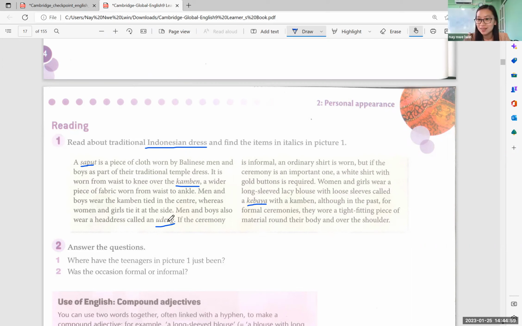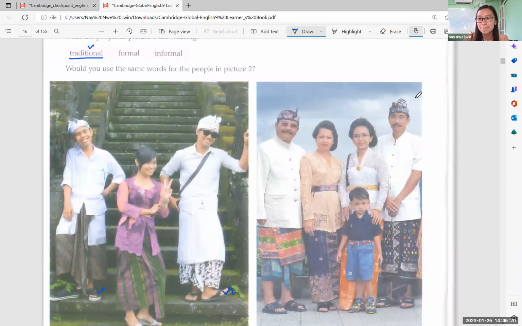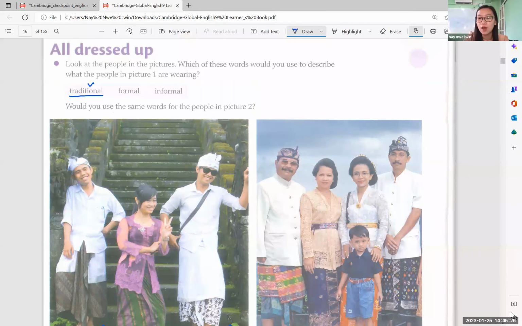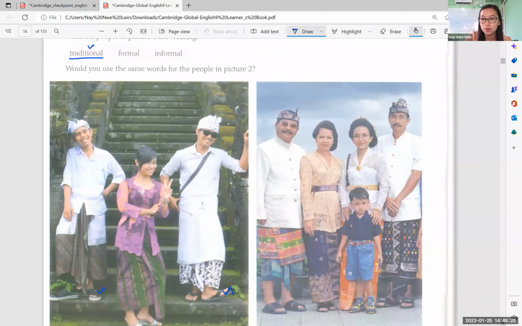This one, you mean the kebaya, right? Okay, so I think you have finished reading this one. Yes, kebaya is the only one that I can find. Oh, you can't find the rest. So you can find the other three, right?